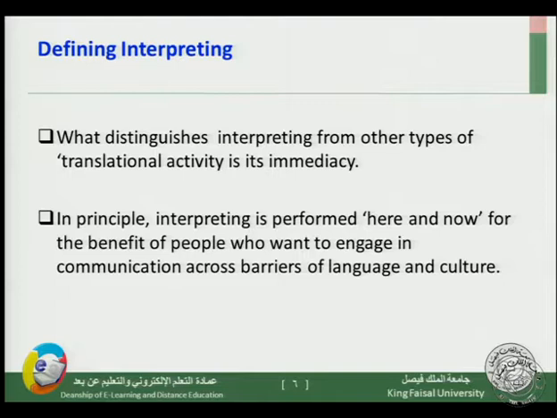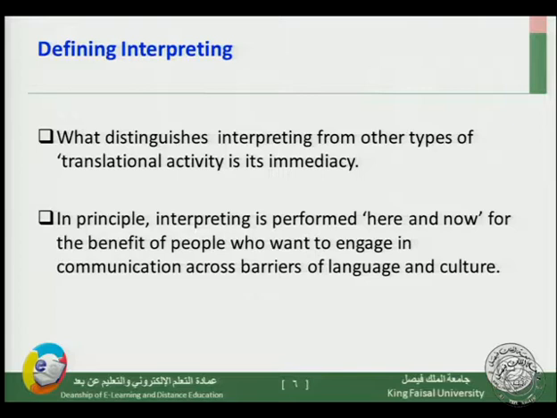Immediacy means you do the interpreting immediately. ادخل, come in. اخرج, get out. So immediately I interpret the word. تعال إلى هنا, come here. ادرس جيدا, work hard.